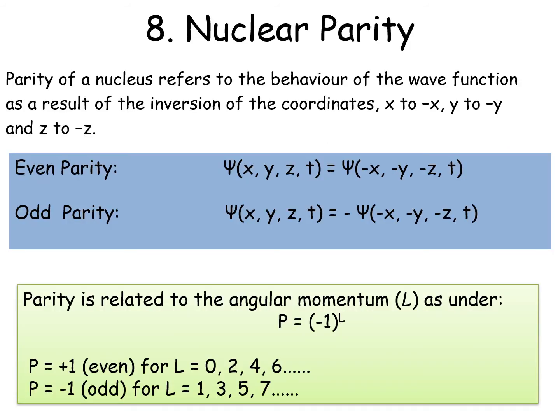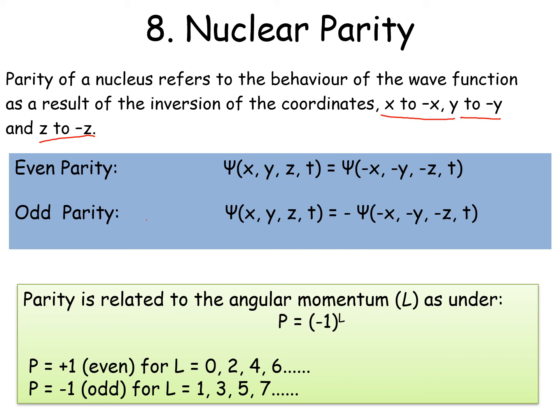Now we come to nuclear parity, that is the 8th nuclear property. Parity of a nucleus refers to the behavior of the wave function as a result of inversion of the coordinates from x to minus x, y to minus y, or z to minus z. For even parity, if the change of the coordinates doesn't change the sign of the wave function, then we say that the parity is even.